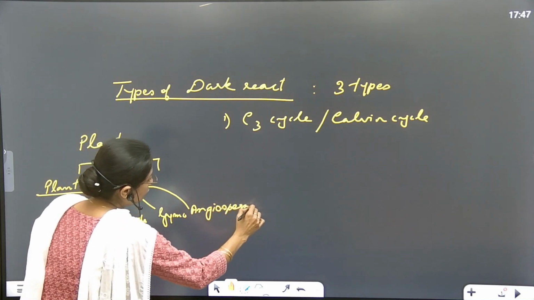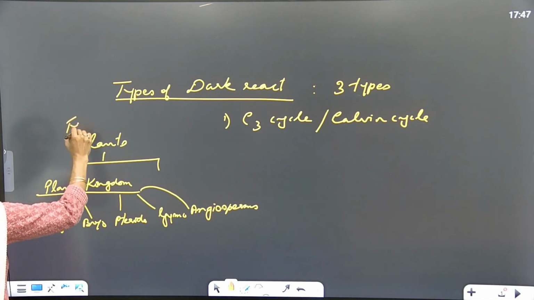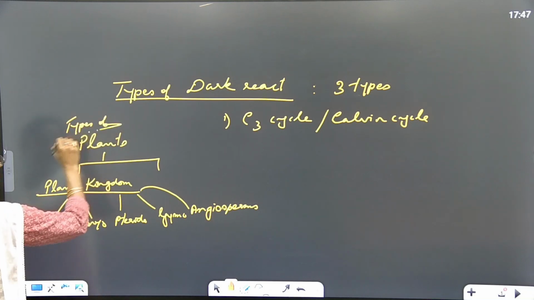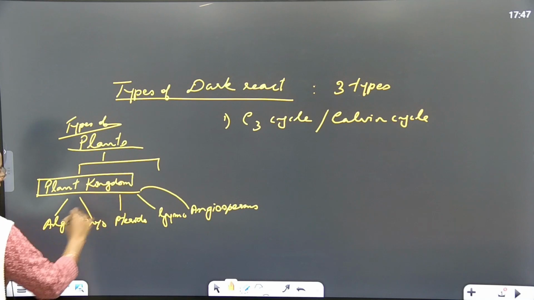So I think you all know, right? When we talk about types of plants from the plant kingdom concept, we have these 5.